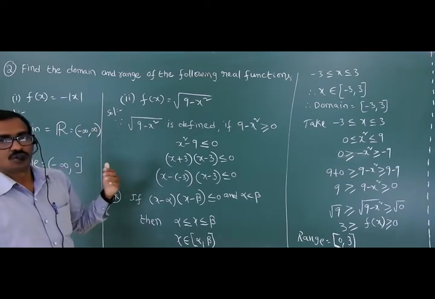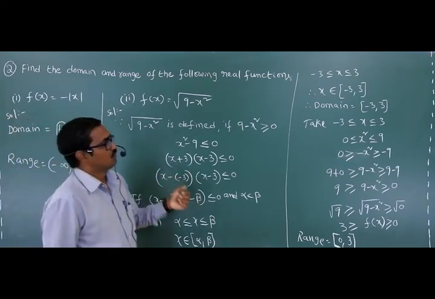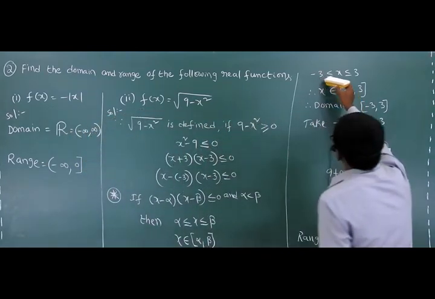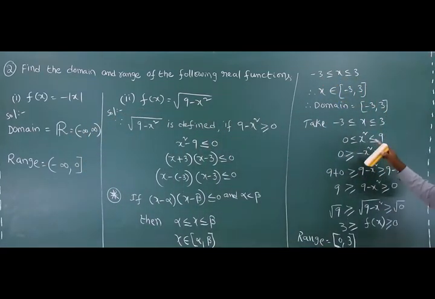Next, the range. To find the range of this function, we take the inequality minus 3 less than or equal to x less than or equal to plus 3. Then squaring on both sides, x square less than or equal to 3 square, which is 9. You may think minus 3 whole square is 9 here, but 9 will not come as the minimum, because the minimum value of x square is always 0, since x square is a positive value.